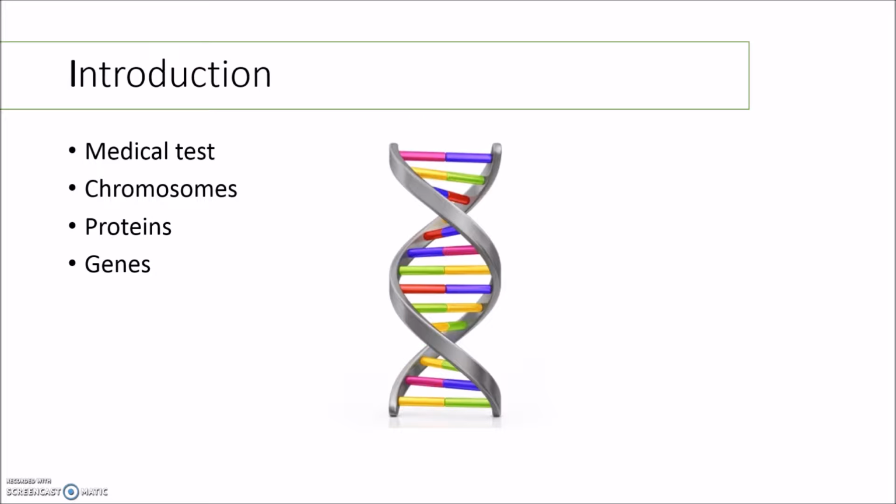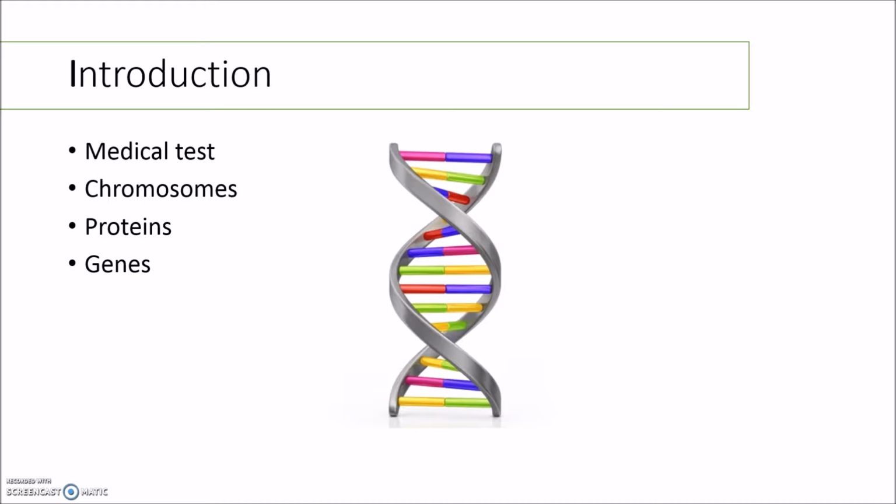There are different methods used for genetic testing. One of the methods is when you monitor the DNA strings, and when you monitor it for a longer period of time to see changes in it.